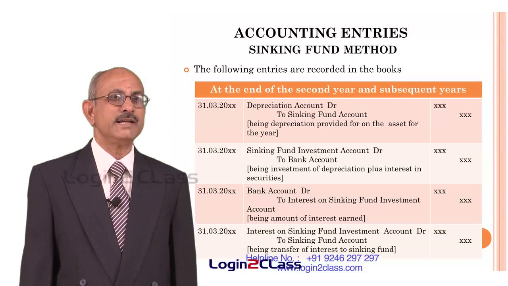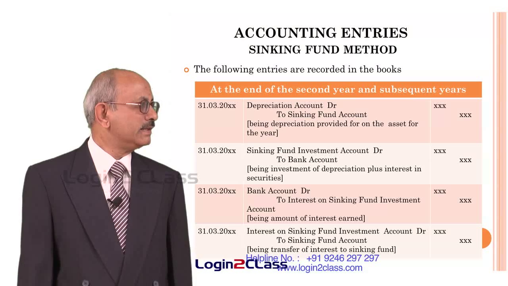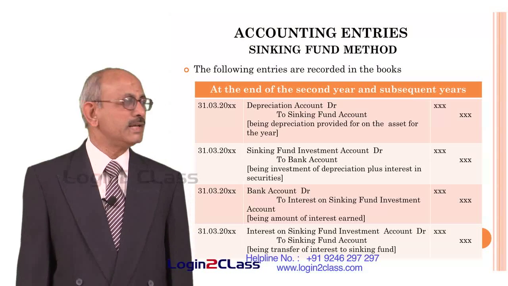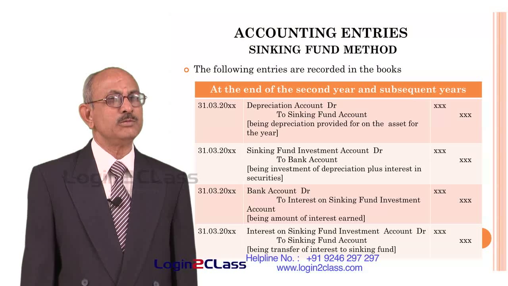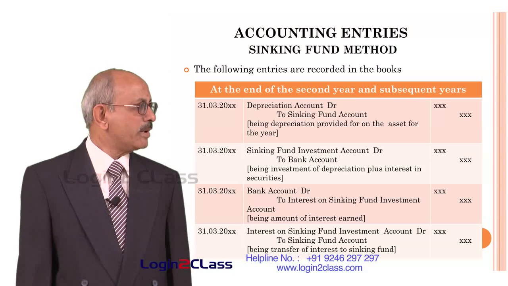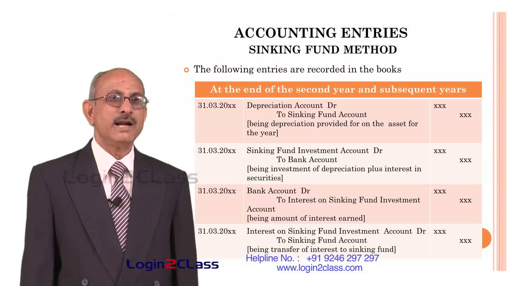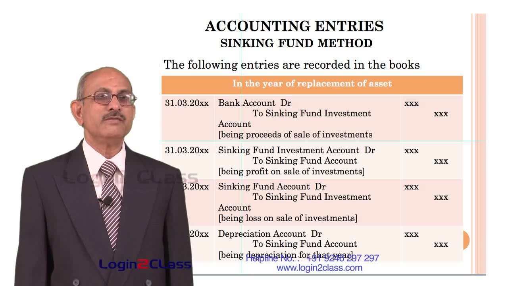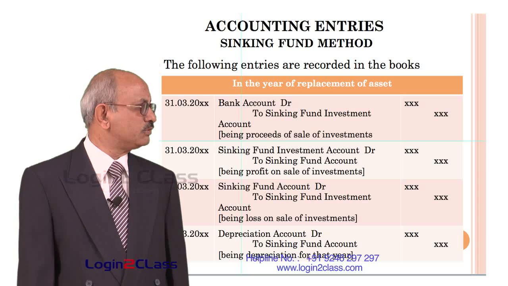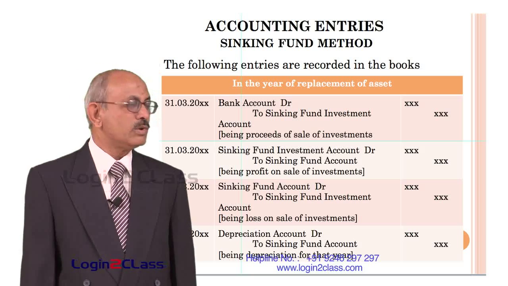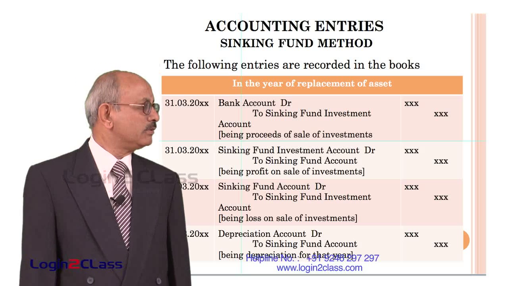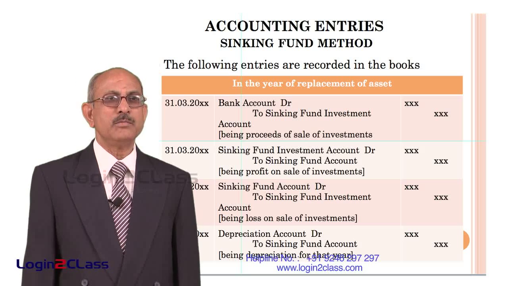That is done at the end of the second year and subsequently in the next year, that is third year onwards, until the useful life of the asset. That means whatever interest accumulates is again brought back to the investment account and again invested into the securities. And finally, when we have to replace the asset at the end of the useful life of the asset, at that time whatever money is there in the sinking fund investment account has to be encashed, and similarly the old asset also has to be sold and money brought in.